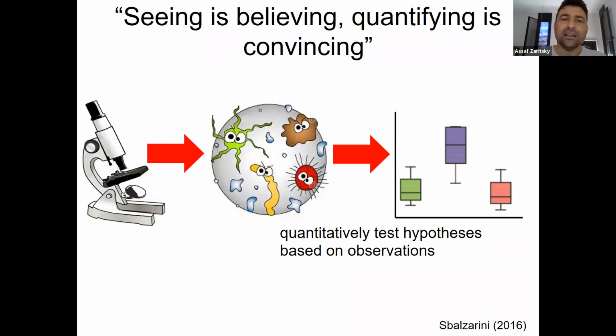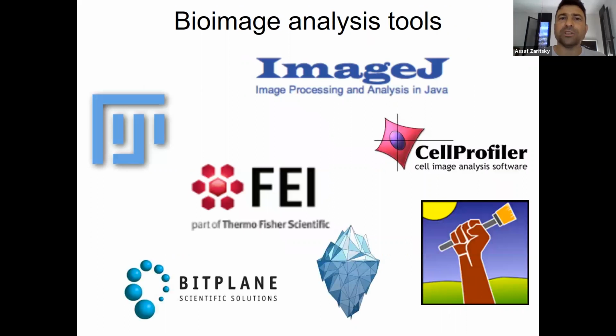And to do that, there are a lot of bioimage analysis tools out there, proprietary or open source, a lot of open source going on out there, that are giving us the tools to actually do this type of thing, when we know what we want to measure in advance, which is usually something about cell trajectory, about the cell size, about some organelles within the cell.